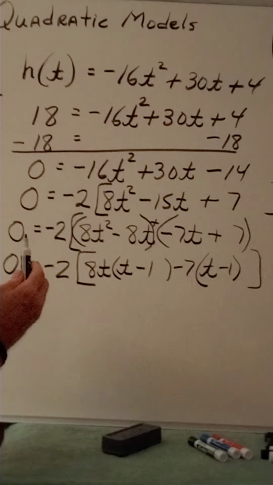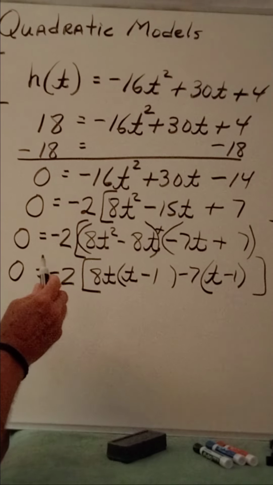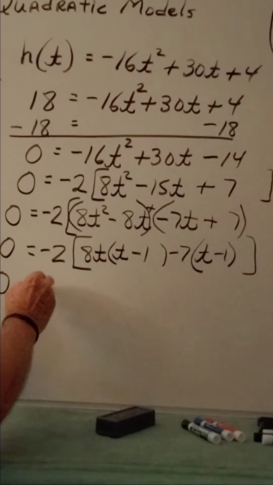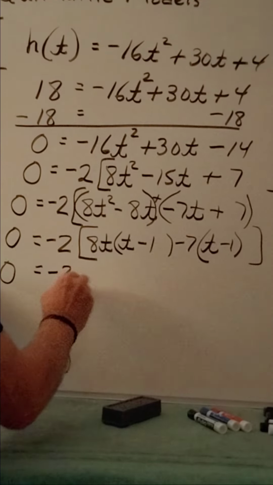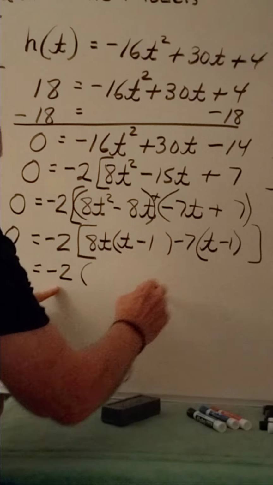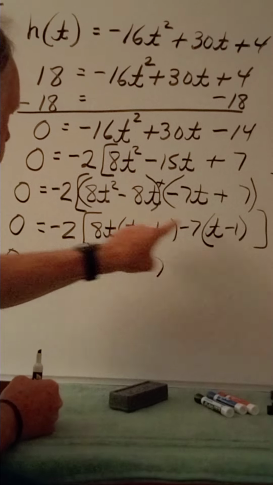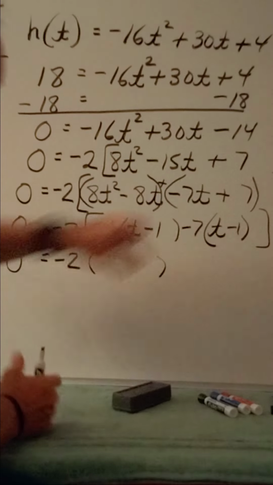Now we'll bring down our completed factors, and then we'll determine our answer. Bring down that 0 is equal to negative 2. The first binomial factor will be the common binomial factor of t minus 1 that appears in both of those.